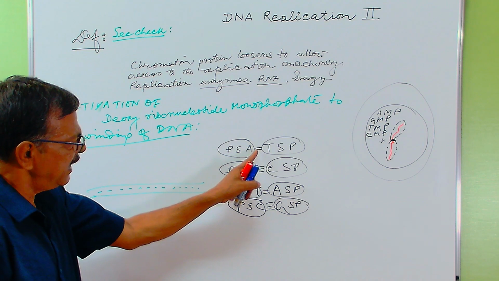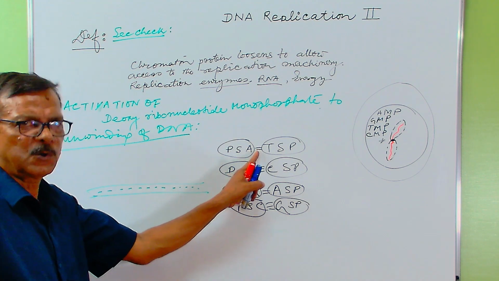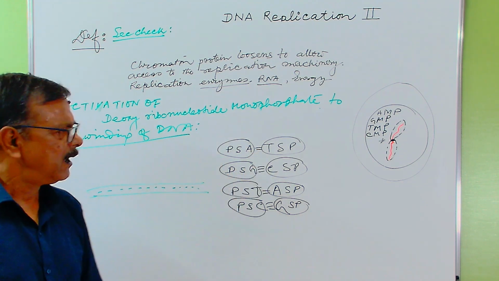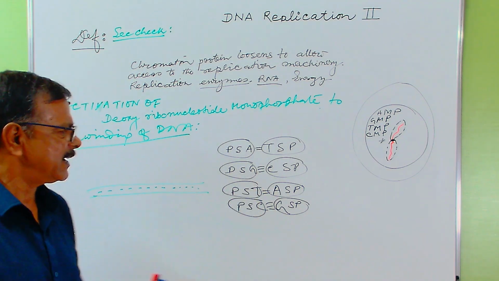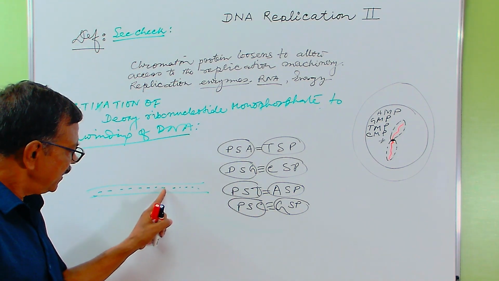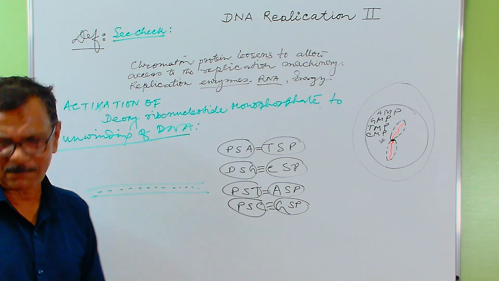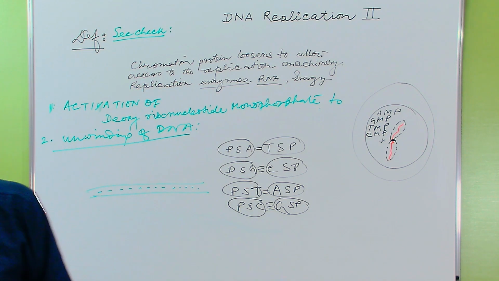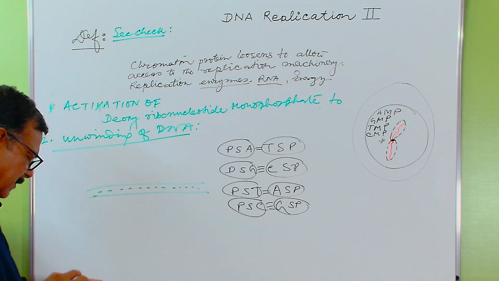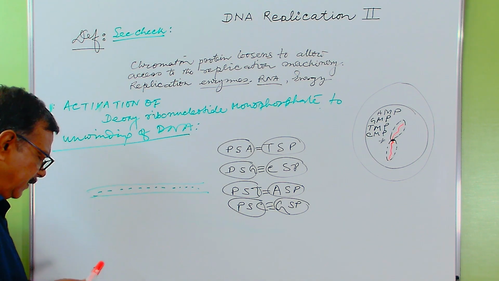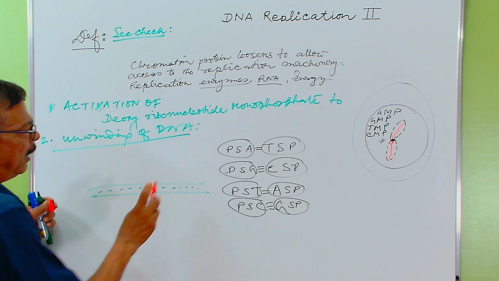Somebody says that it starts from the 2 hydrogen bonds because they are weaker as compared to this. Okay, no matter. So here some enzyme will come to unzip it, with the help of some enzyme.